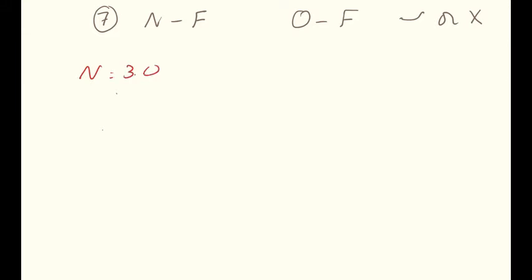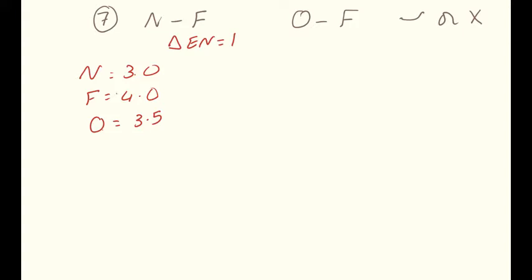Question number 7: the NF bond is expected to be more polar than the OF bond, true or false? Also, we should look up the values of electronegativity. N equals 3, F equals 4, and O equals 3.5. The difference in electronegativity between N and F equals 1.